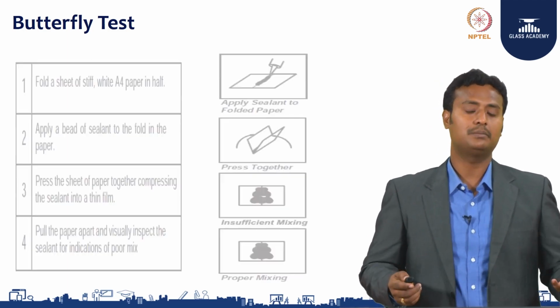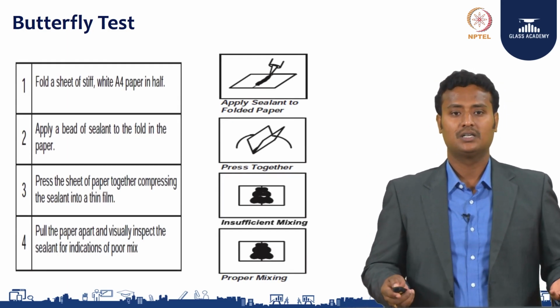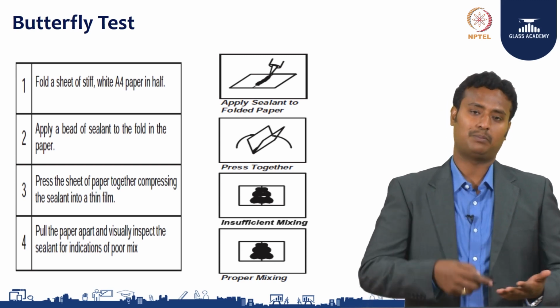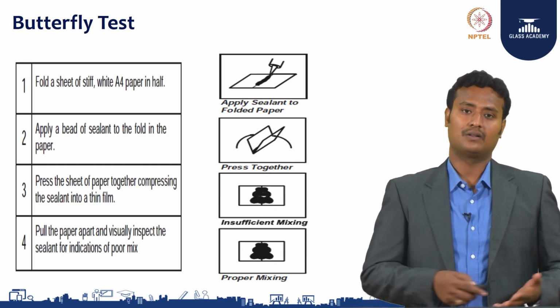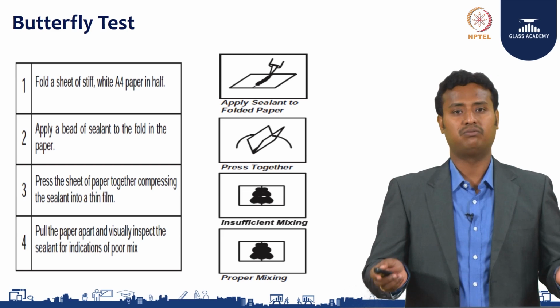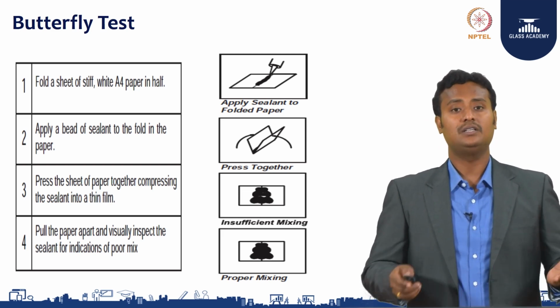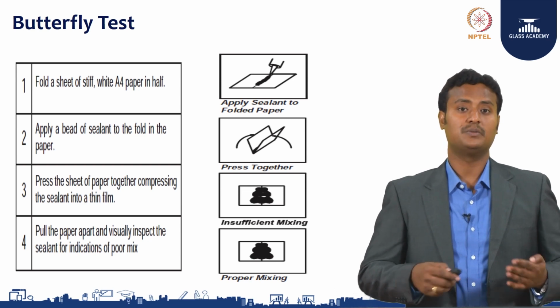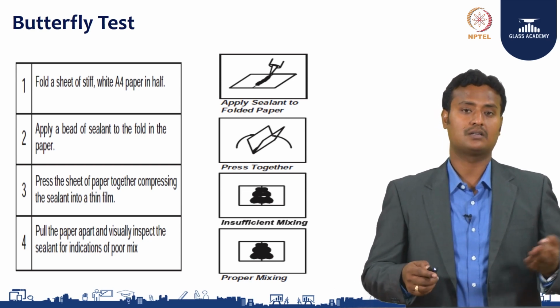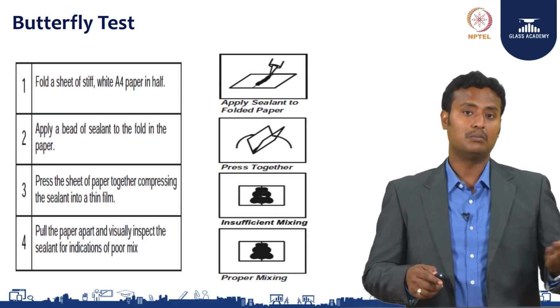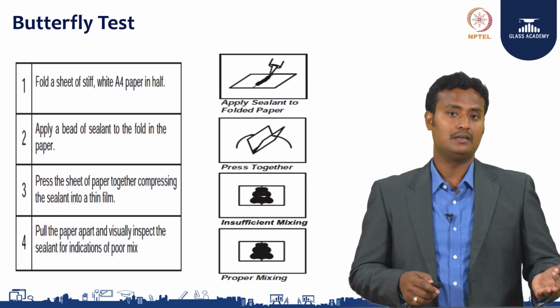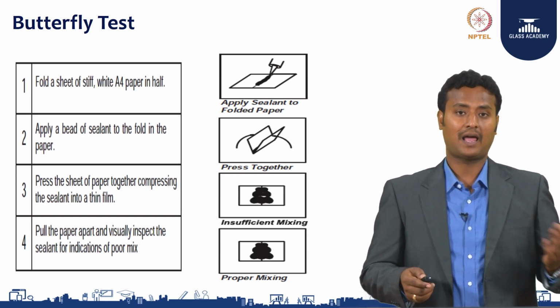Next, commonly people use the butterfly test. You take a piece of stiff paper like an A4 sheet, apply the silicone on one side of the paper, fold it, and remove it gently. You see if there is any split, air pocket, bubbles, or color difference like black and white.